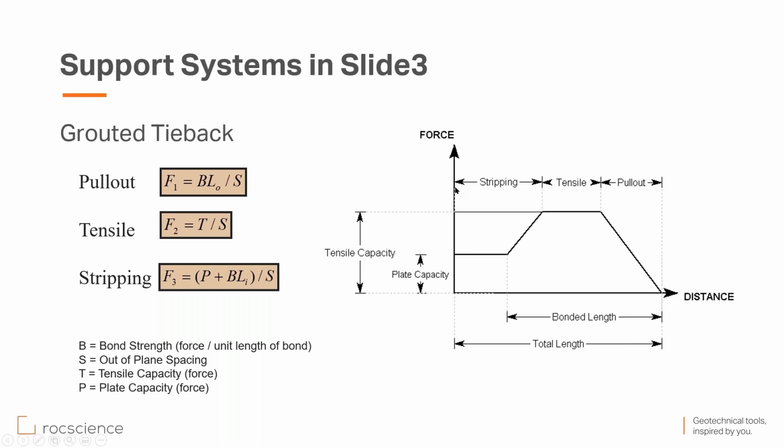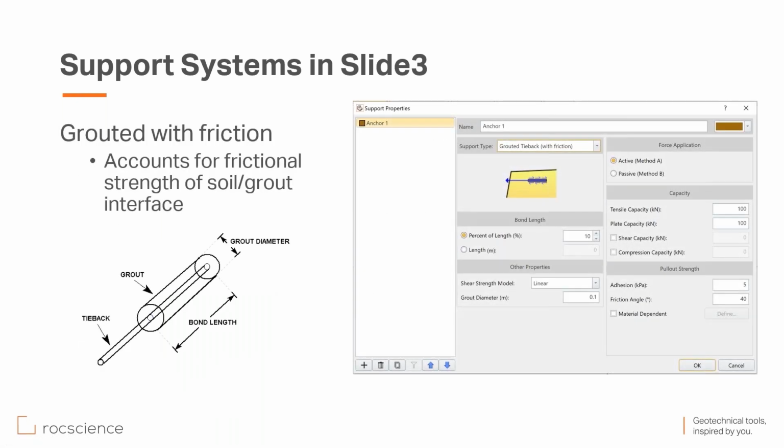But sometimes, if the plate capacity is higher than tensile capacity, you cannot have this stripping mode of failure for this support type. The grouted tieback itself does not account for friction between the bonded lengths and the frictional soil. But we have another option, grouted tieback with friction, which accounts for frictional strengths of soil grout interface.